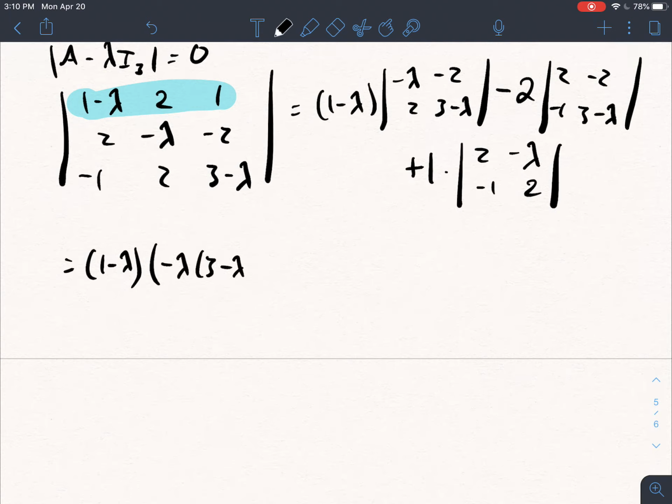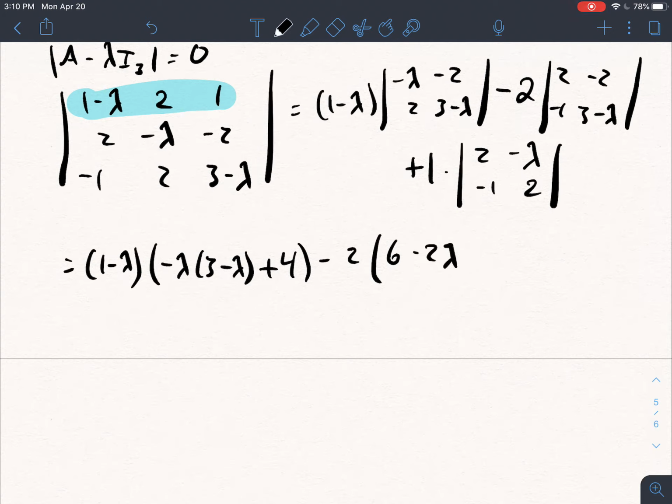First one is 1 minus lambda times negative lambda times 3 minus lambda, minus negative 4, so that should be plus 4.